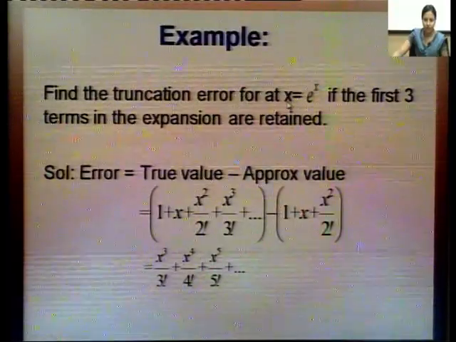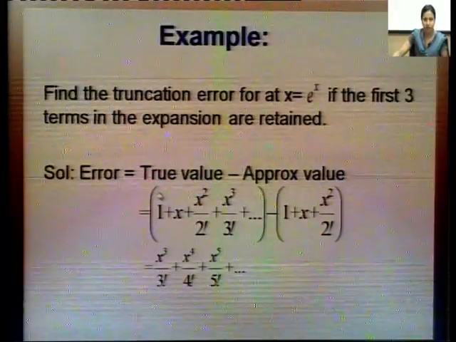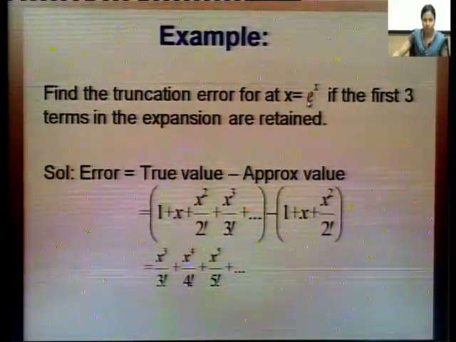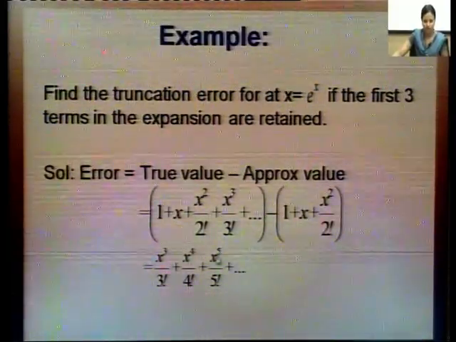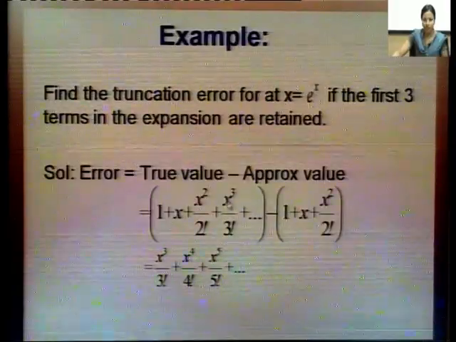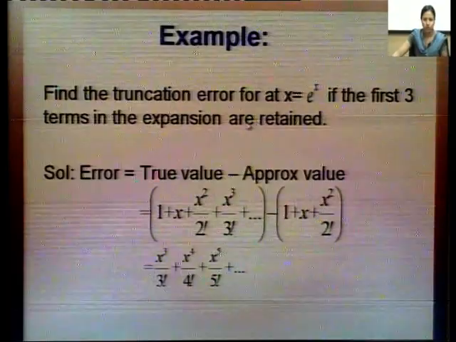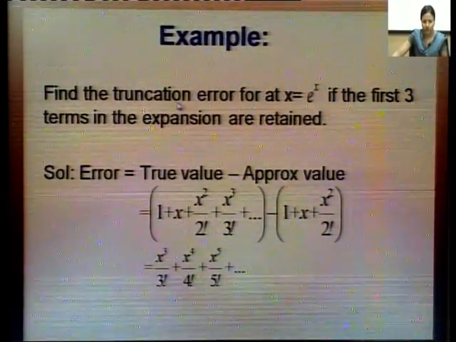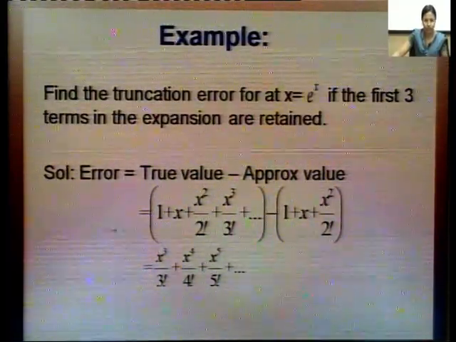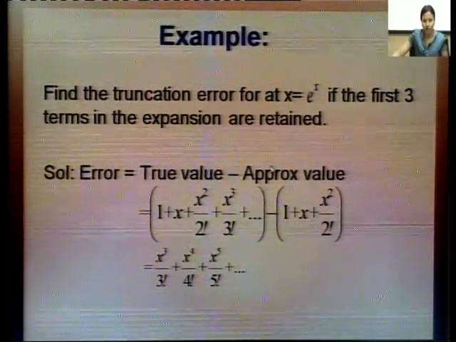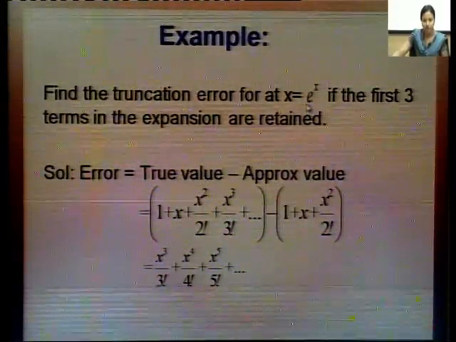The expansion of e raised to power x is 1 plus x plus x square by 2 factorial plus x cube by 3 factorial and so on. We have to find the truncation error if the first three terms of the expansion are retained. So error is equal to true value minus approximate value. True value is its expansion.